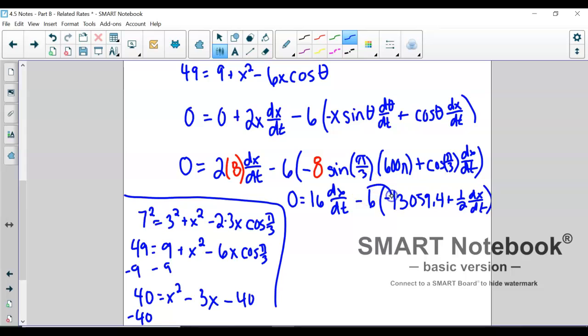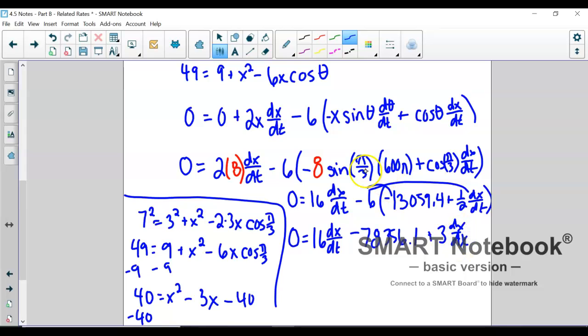Alright, to solve this, we're going to distribute that negative 6. So we got 0 equals 16 dx dt minus 6 times that number is going to give us 7. My calculator's rounding weird, but that was actually a really long number. 356.1 something plus 3 dx dt.